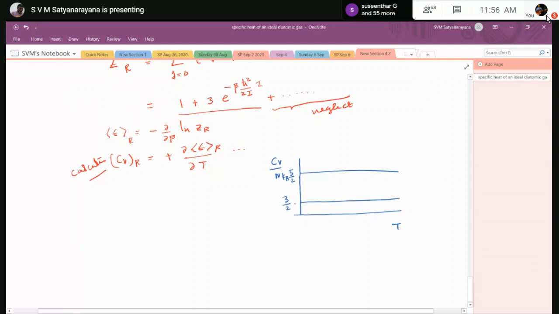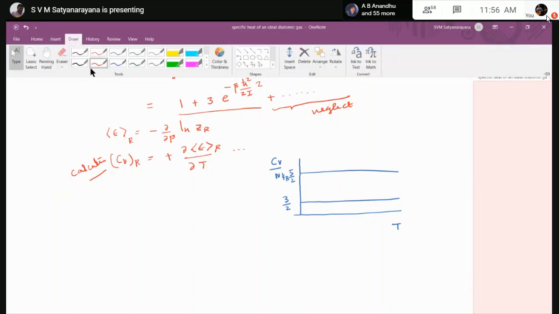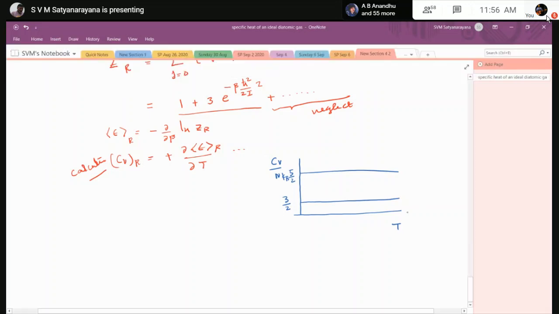Now when you actually do this theory, as I mentioned in the previous case, you have an experimental curve which is like this.